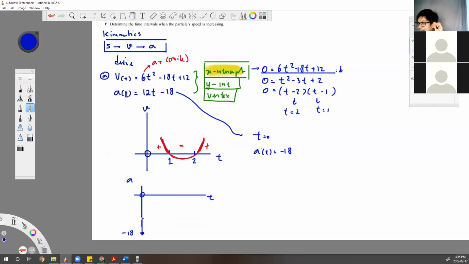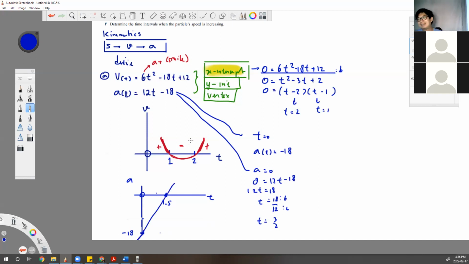And then when A equals 0, 0 equals 12t minus 18, so 12t equals 18, right? So t equals 18 over 12, which is 3 over 2, 1.5. I think I can put 1.5, right? So the drawing will be like this.